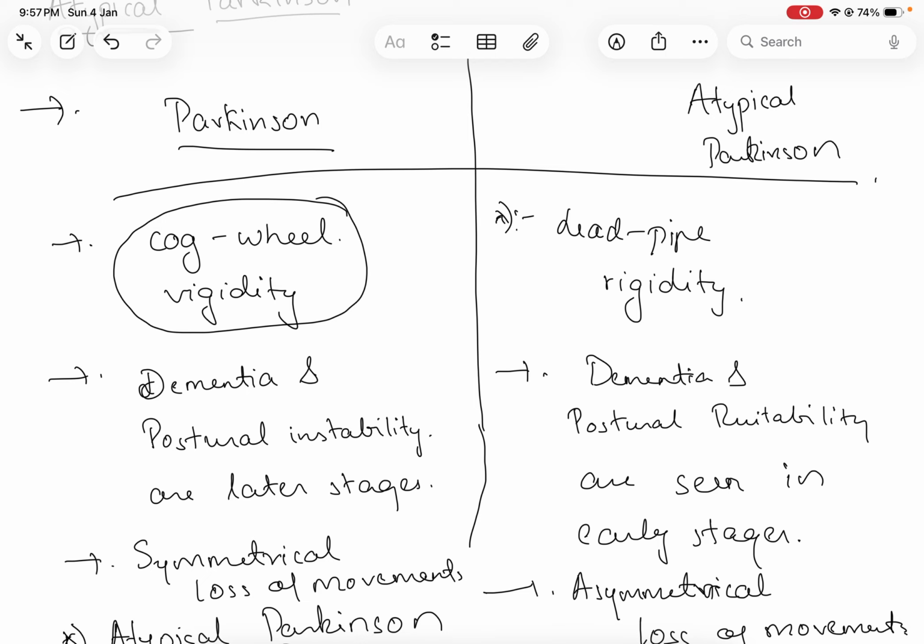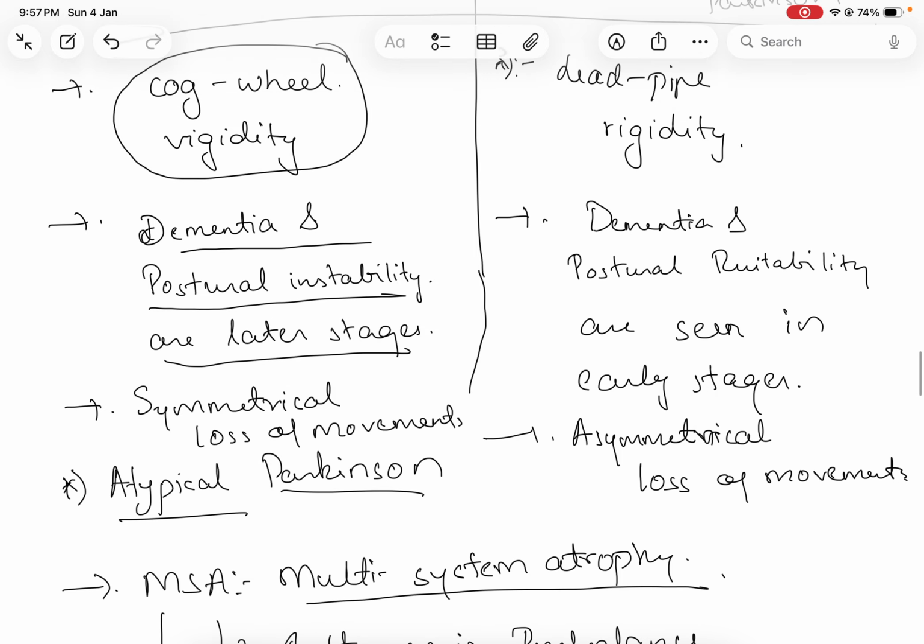In this type, the onset of rigidity will be late in atypical Parkinsonism, and dementia and postural instability, which are two major criteria we use for diagnosis of Parkinsonism, will have a later onset in Parkinson's disease. But in atypical Parkinsonism, dementia and postural instability are seen in earlier stages, and the loss of cognition is also seen in early onset of atypical Parkinsonism.